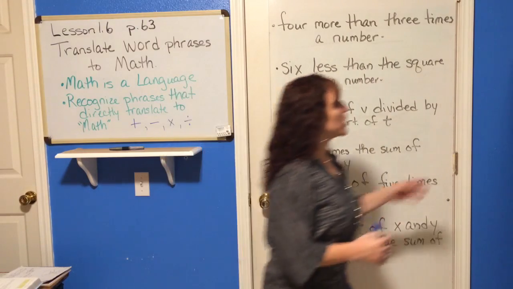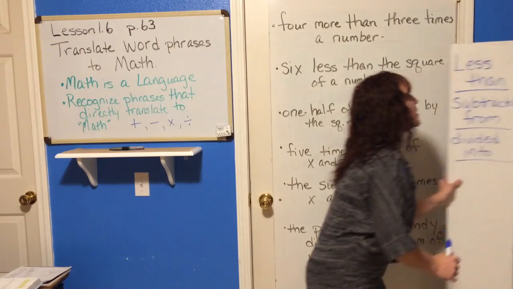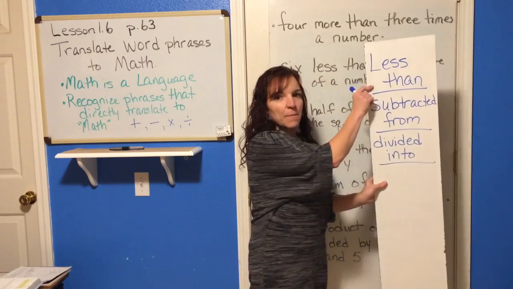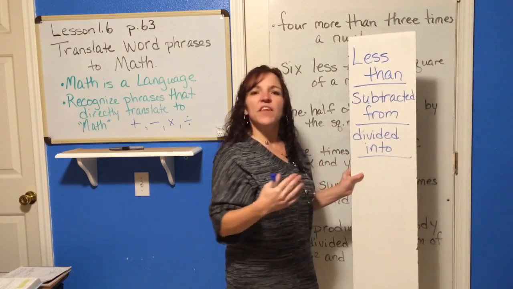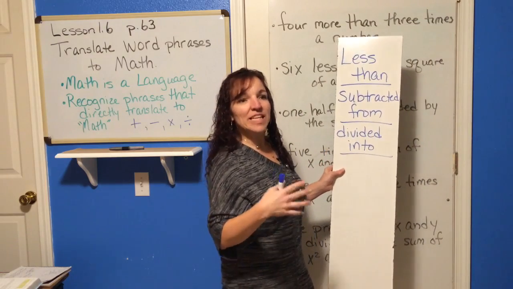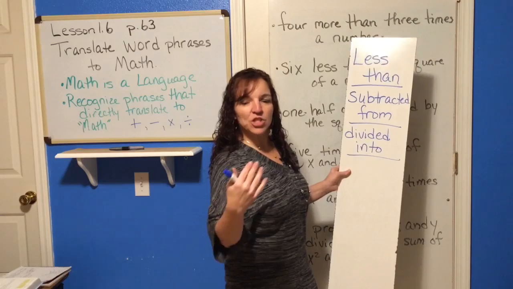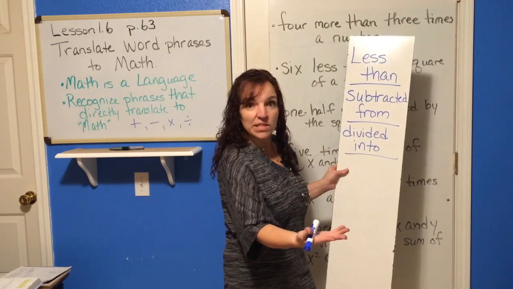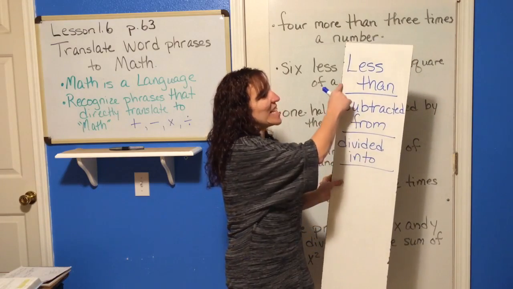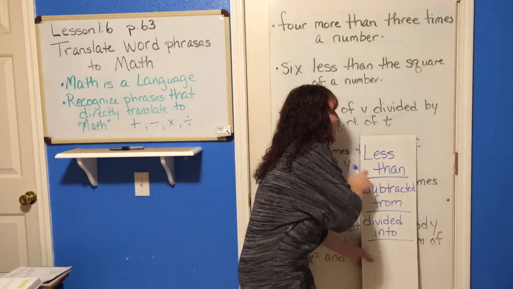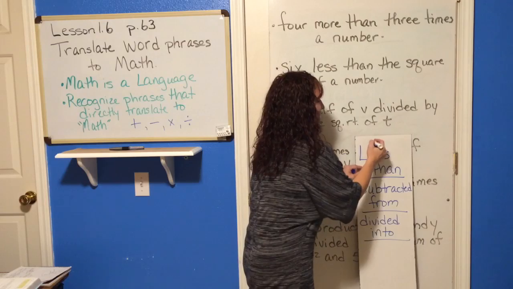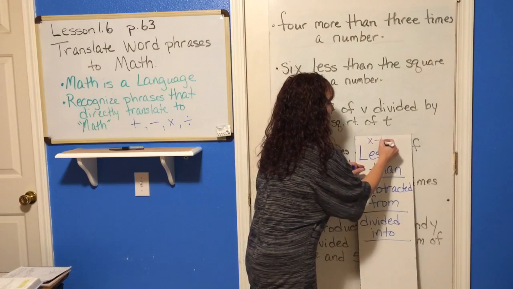Before we do that, there are a few that I mentioned: less than, subtracted from, and divided into. All of the others, if you say 6 added to a number, that's just going to be 6 plus x. But if you say 6 less than a number, instead of being 6 minus the number, it's going to be the number minus 6.